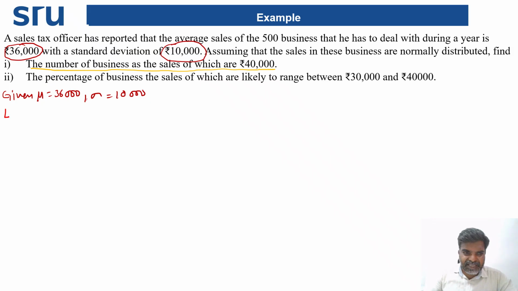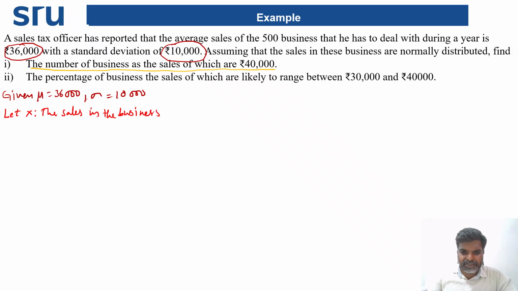Now we can say the random variable denotes the sales in the business. From the business we can write the total sales, that is random variable X.